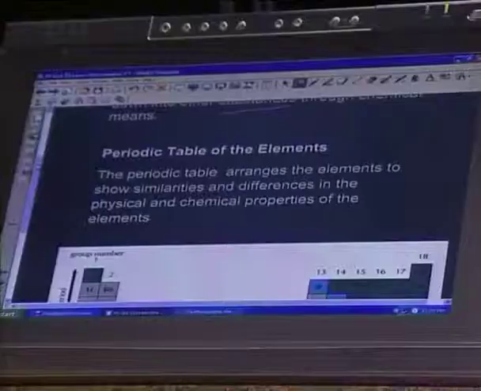And so he started to notice that there were some things that behaved in the same way and some things that behaved differently. Put them into a particular arrangement that we now know as the periodic table. So have a look at this, and we'll just highlight some of the features of the periodic table.